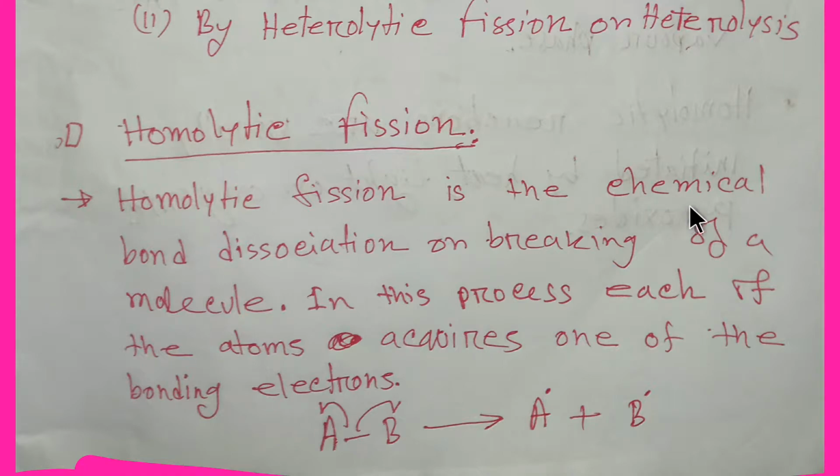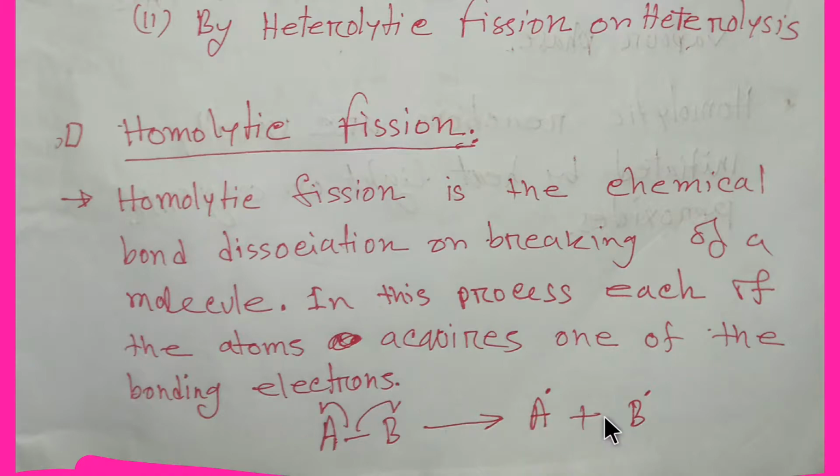Homolytic fission is the chemical bond dissociation or breaking of a molecule, right? In this process, each of the atoms acquires one of the bonding electrons, right?